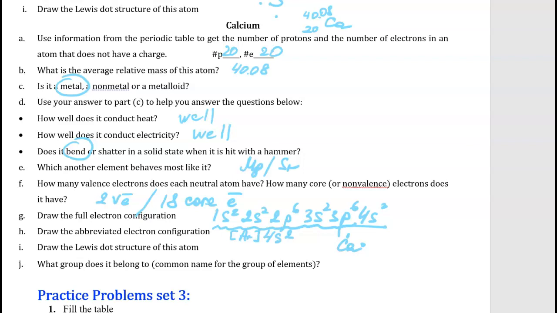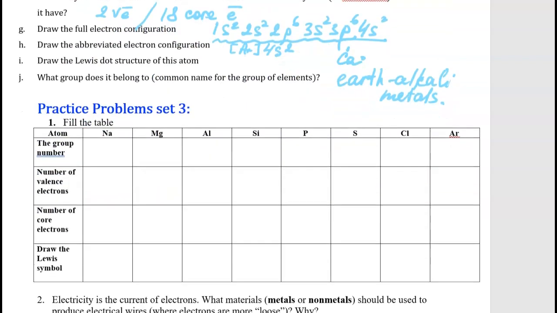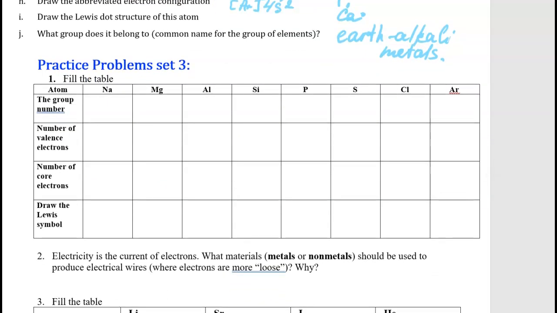Oh, you need to go back to the first part of the lecture. It's alkaline earth metals.